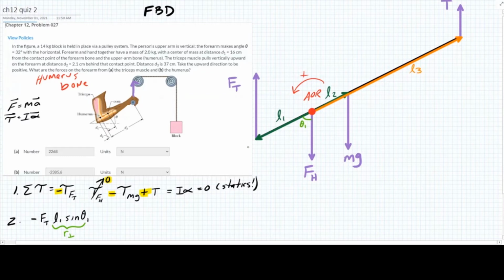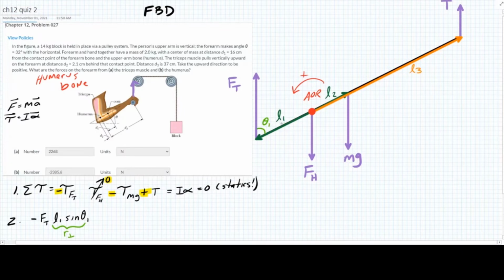FT. That's not theta 1. All right, here, this is theta 1. All right. FT, there's my position vector. There's the angle between my force and my position vector.